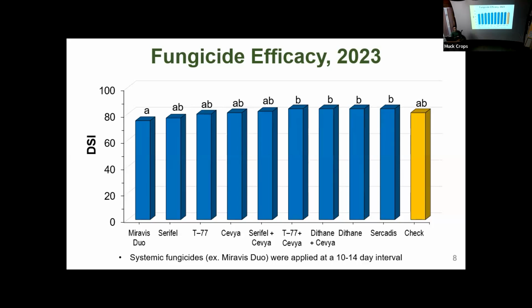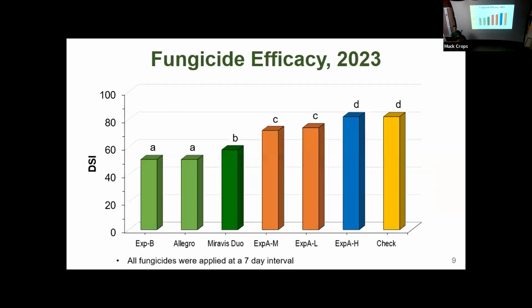So one thing to note is that the systemic products like Miravis Duo and Circadus were applied at a 10 to 14 day interval in this trial, and we did see a high disease severity with a DSI of around 80, which could have prevented some fungicide efficacy.